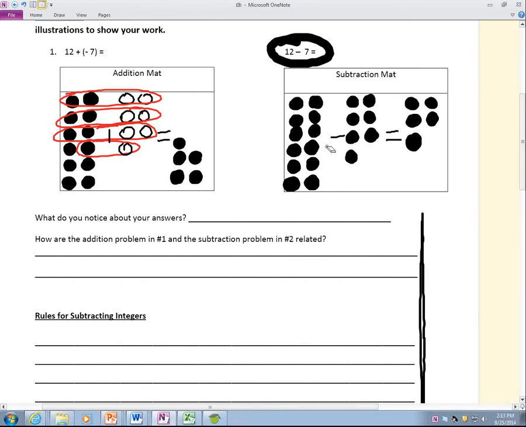Okay, how about from looking in the mats, the subtraction mat and the addition mat? I'd hope any 7th grader in this class would be able to answer 12 minus 7. How about when you're looking at the way it's displayed within the mats? Which way do you like better, Jacob? Like the mat there with the dots.